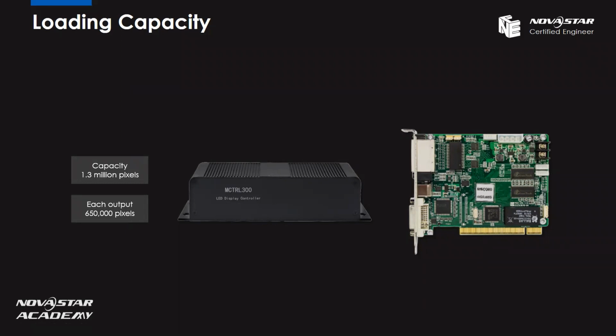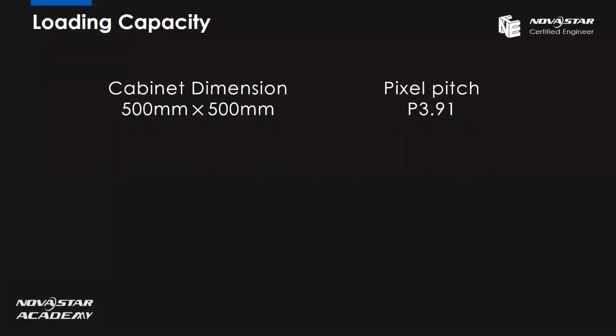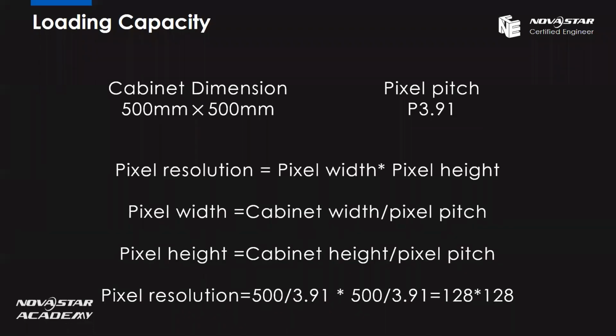Then let's see how to get the pixel resolution. Now let's see an example. Here the cabinet dimension is 500 millimeters by 500 millimeters, and the pixel pitch is 3.91. The pixel resolution is equal to the pixel width multiplied by the pixel height.